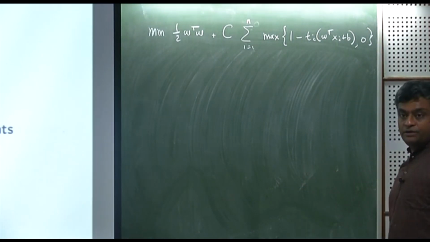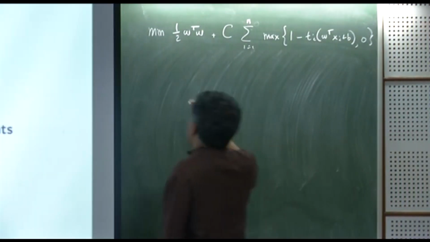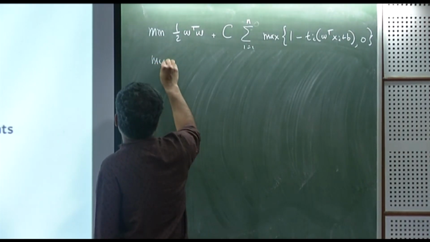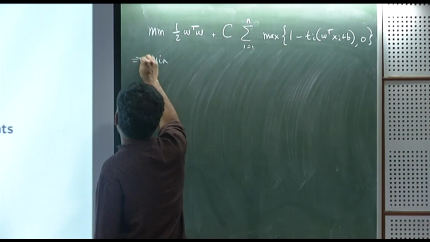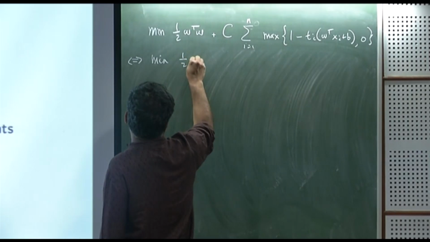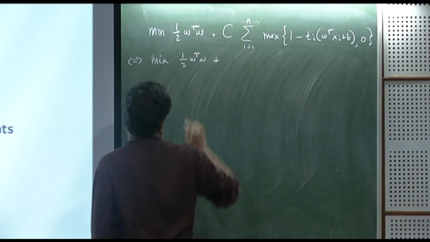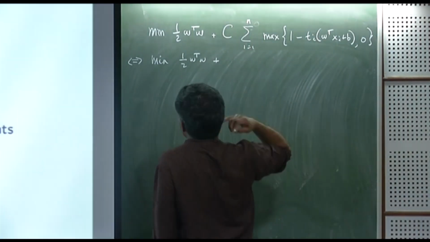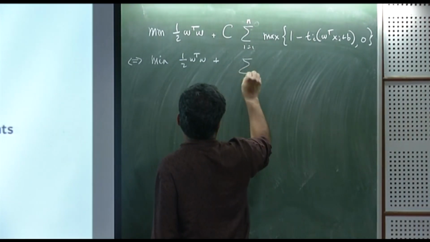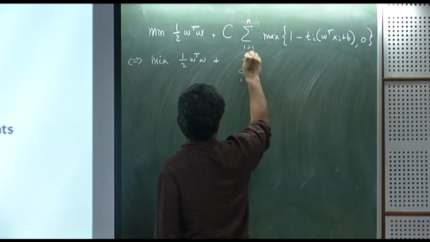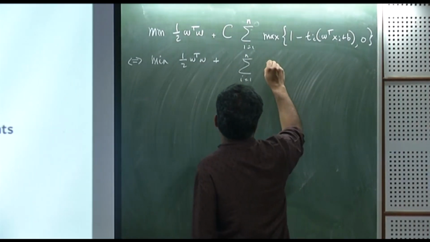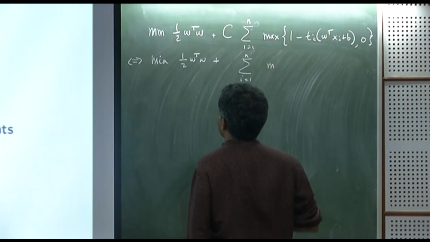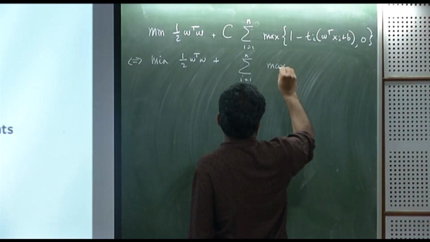Now I'm going to play a little bit of a trick. I'm saying that this is the minimum over W of the same thing, 1/2 of W transpose W. So far nothing has happened. For this one I'm going to put it inside. I'm going to say that i is going from 1 through n, and now let's try to understand what's going on over here.